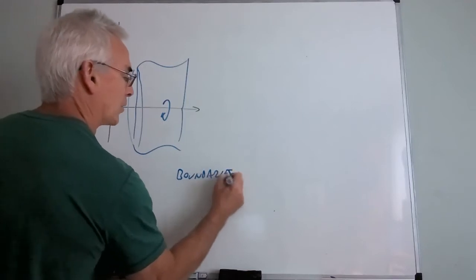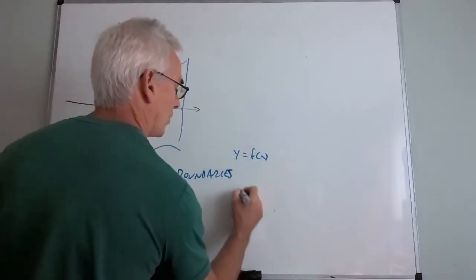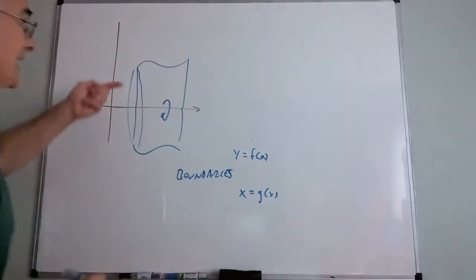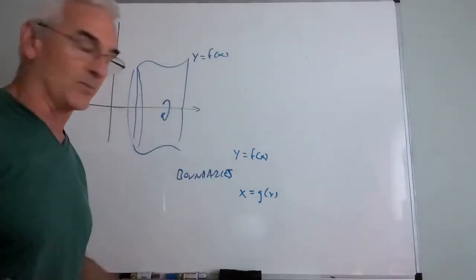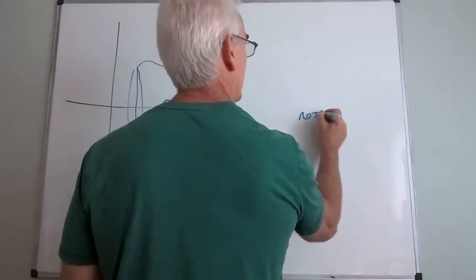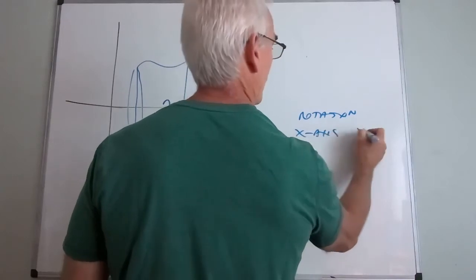I'm used to having a bigger board. All right, y equals f of x, or x equals, let's say, g of y. In other words, in this case I'm bounding it by a function of x as opposed to a function of y. And then my rotation is the x-axis or the y-axis.